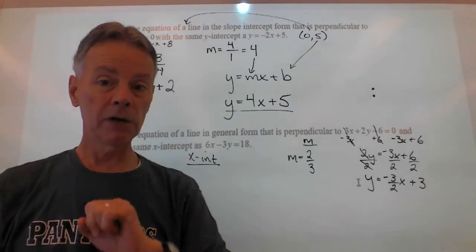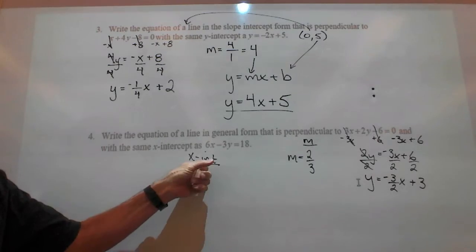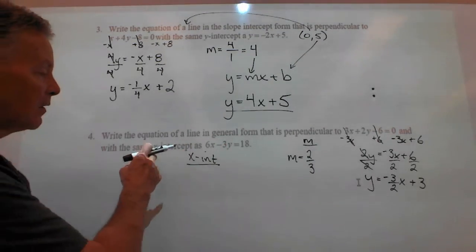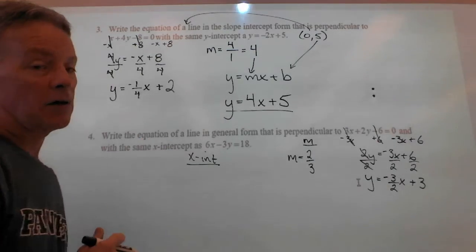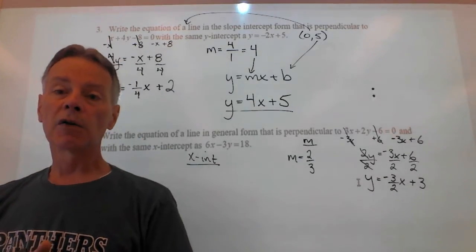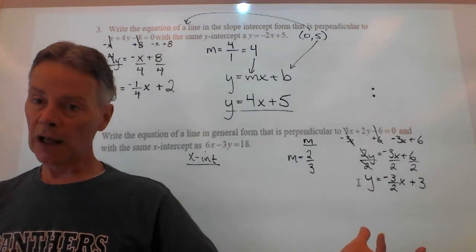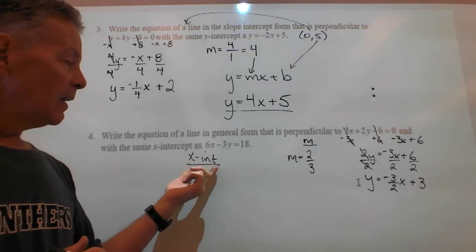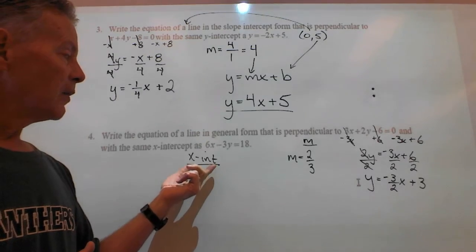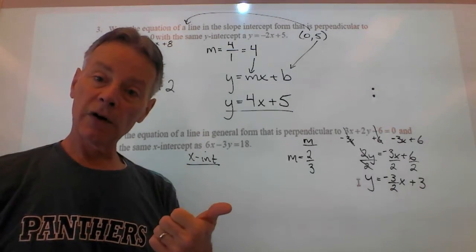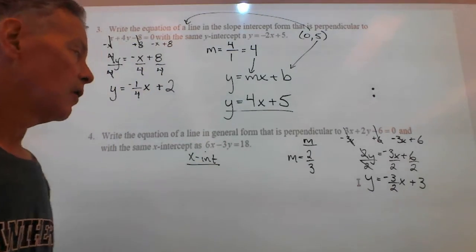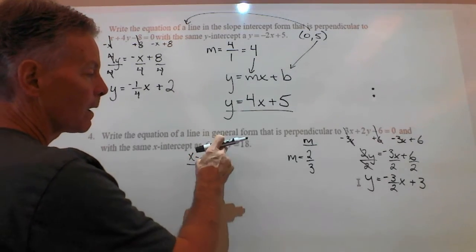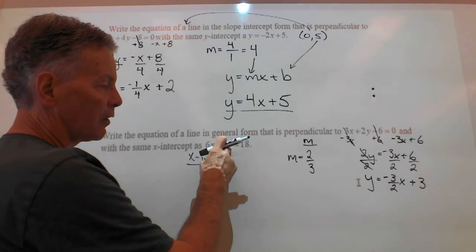So we've got one piece of information. To get the other piece of information, we go to our other line, and this time they're saying it has the same x-intercept. So you'll recall from a few classes ago, to find the intercepts, you simply substitute a value of 0 and solve. Okay, so if we want to find the x-intercept, we substitute a value of 0 for y.